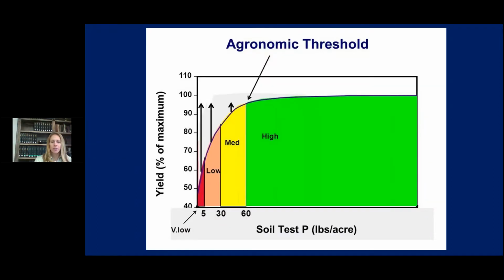As I indicated, much more important than the actual nutrient concentration in the soil is the interpretation and how samples are rated in terms of the likelihood of plants responding to additional fertilizer. For instance, in this picture, I'm using soil test P as an example. You assume that as soil test P increases, the yield of a particular crop will increase up to a certain point.